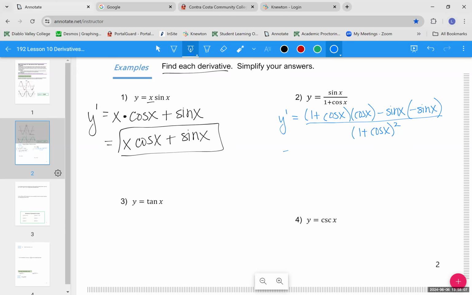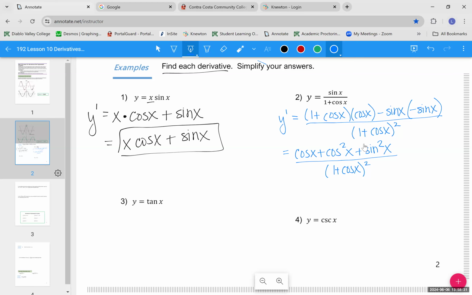And so now we are going to have to do some simplifying. Let's see, it looks like I'll distribute my cosine and multiply out these two things here. So I have cosine x plus cosine squared x plus sine squared x over 1 plus cosine x quantity squared.